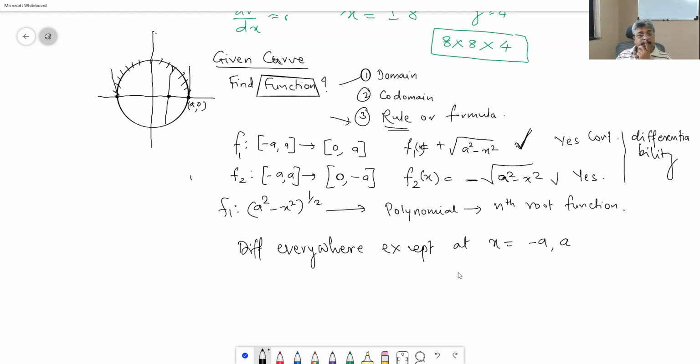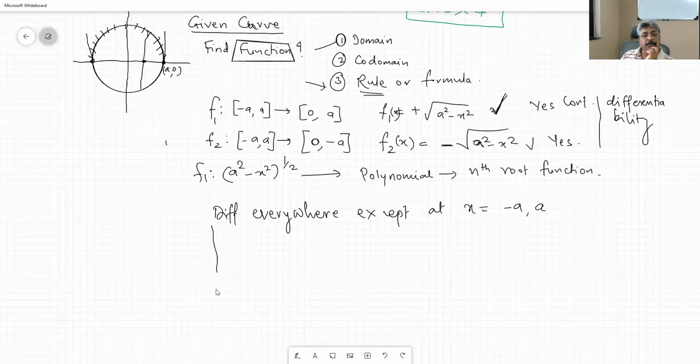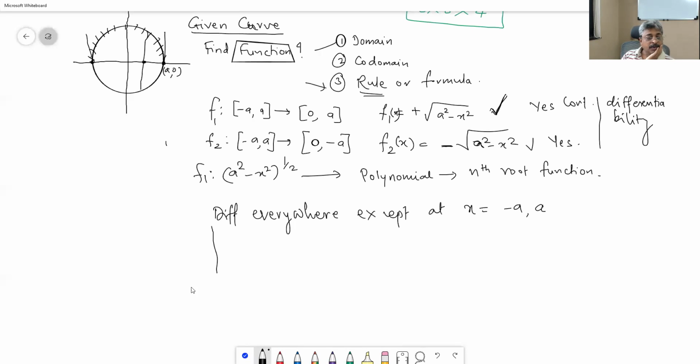Okay. Now suppose I give you a curve. I will change the curve a little bit and ask you to give me a function. Say for example the curve is like this now. Of course it is a quarter of a circle.